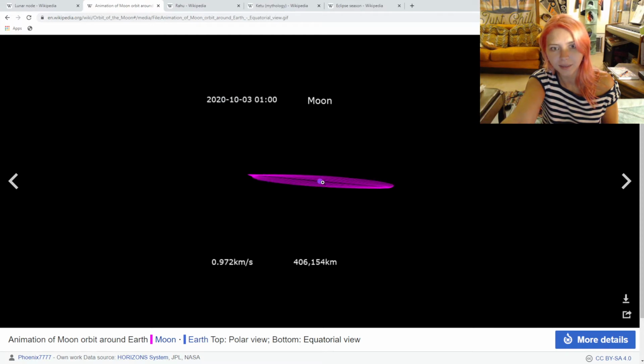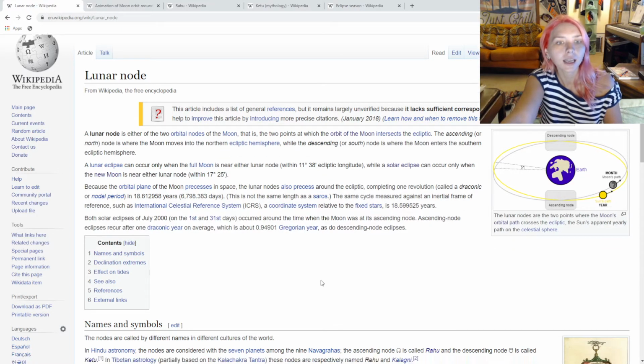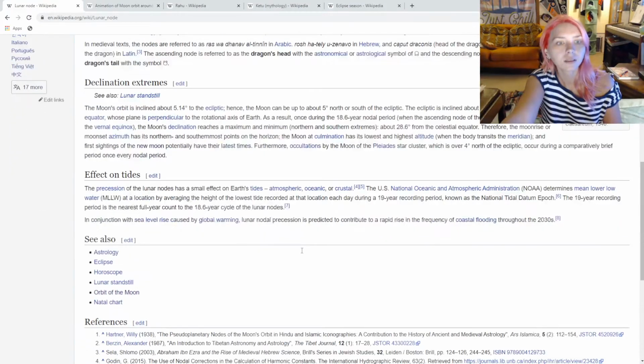It's not always going to be the same distance. You can see that down here. And yes, that is the astronomical information for you. There you see what I was just talking about, which has been brought up recently in the news. But, you know, what are you gonna do? That's a topic for another day.